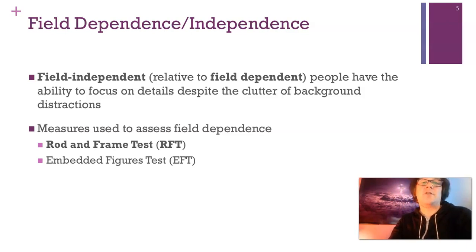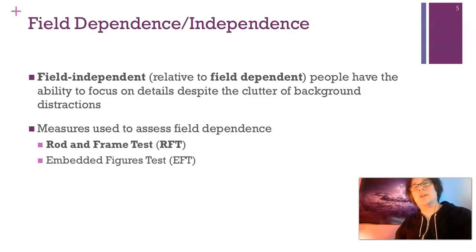Another measure for assessing field dependence is the embedded figures test, and this consists of finding and tracing a simple form, which could be just an outline of a figure or a shape that's embedded within a larger, more complex type of image.